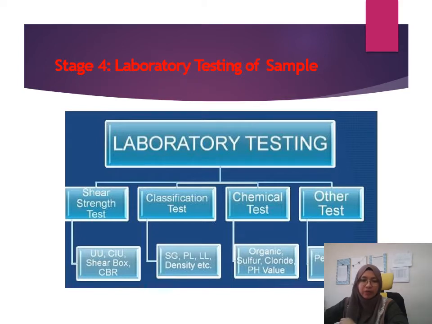We also have chemical tests to check the type of chemical or the pH value in the soil, and there are other tests. So you can list and select what parameters you want, and check what testing is for those parameters.